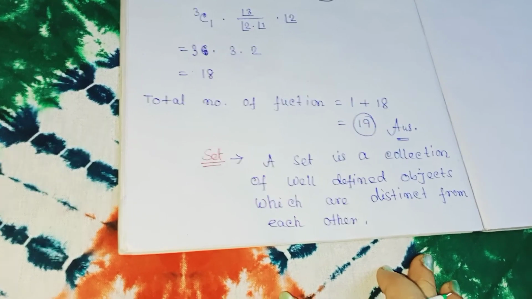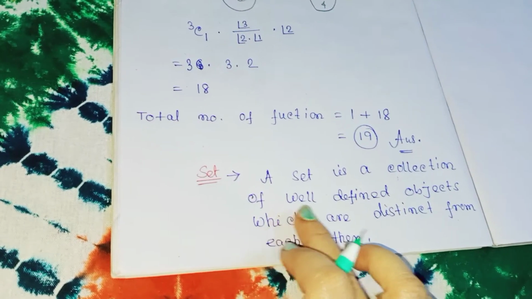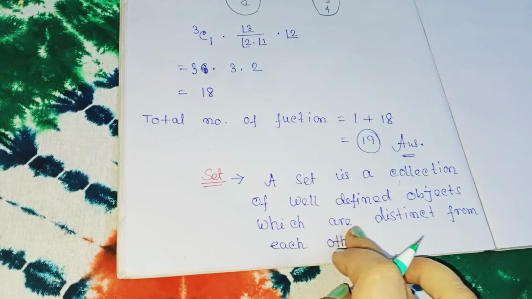So what is a set? A set is a collection of well-defined objects which are distinct from each other.